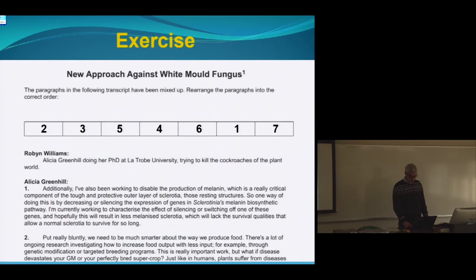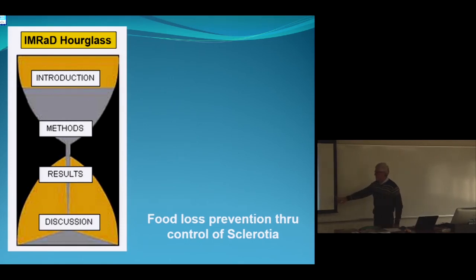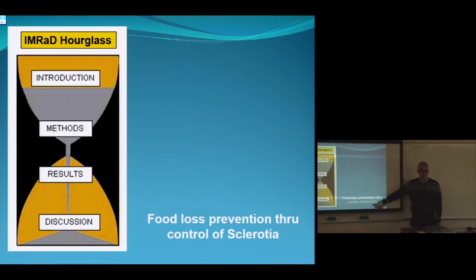And so, in the final one, they looked at was paragraph number 7, and they looked at food loss prevention through control of sclerotinia. Okay.